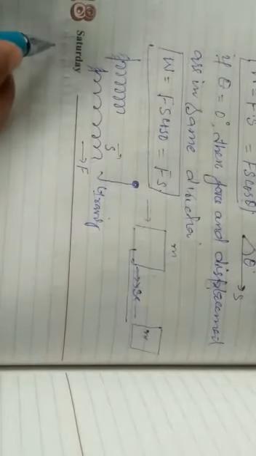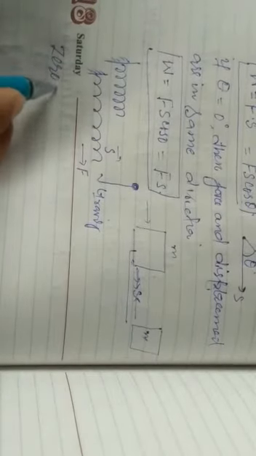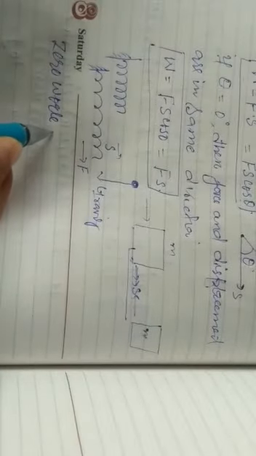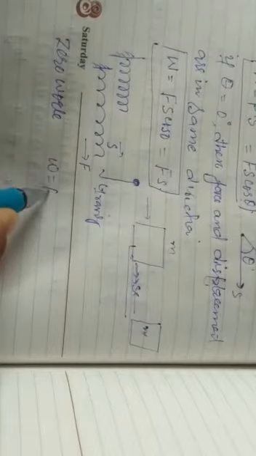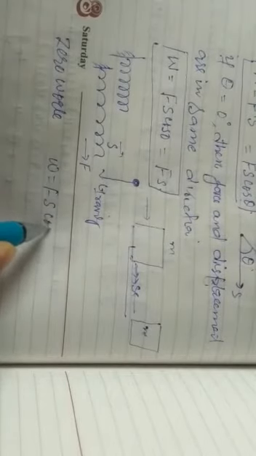Now after this we should have another type of work, called zero work. What is zero work? Again, we know W is equal to F S cos of theta. Now this whole should become zero.